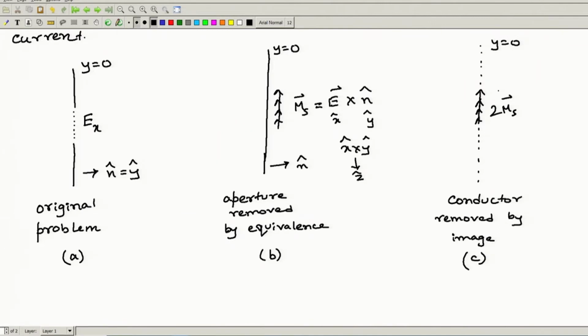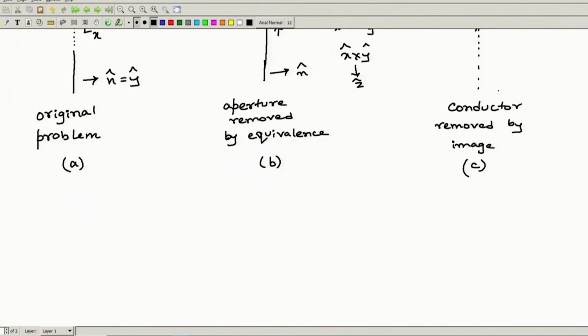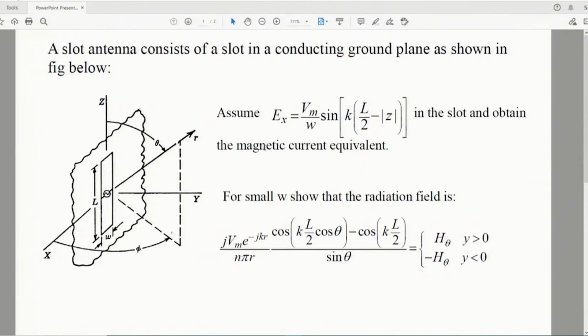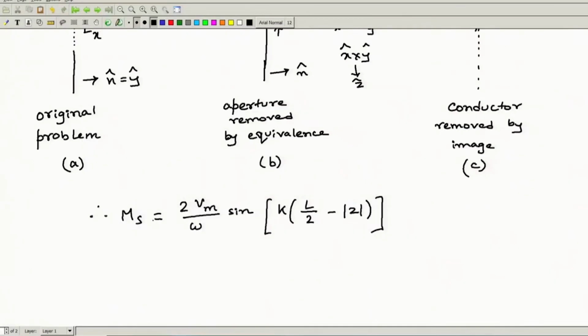So therefore we can then write Ms as twice of Vm upon W sin of k L by 2 minus Z. Okay. So this was the magnetic current equivalent. The first part is now obtained.